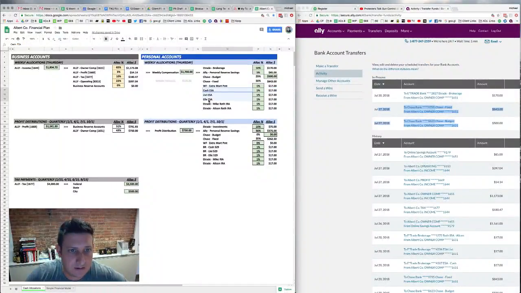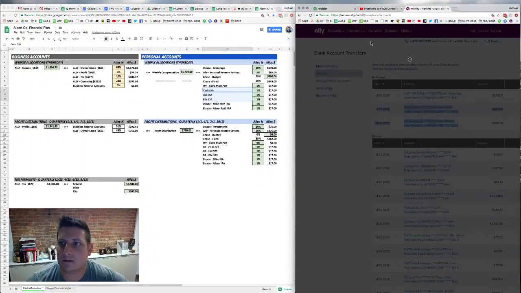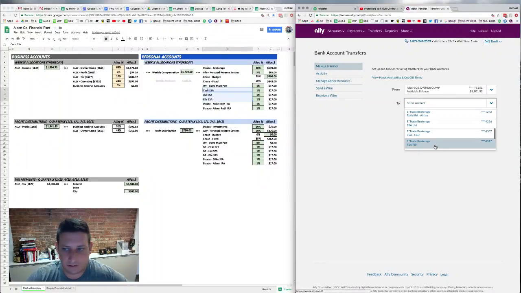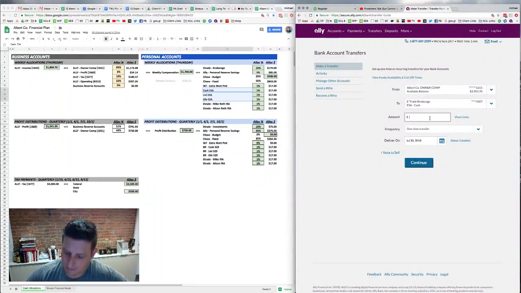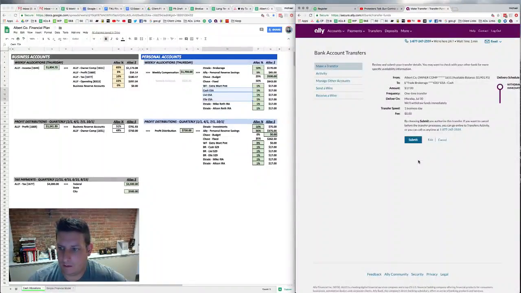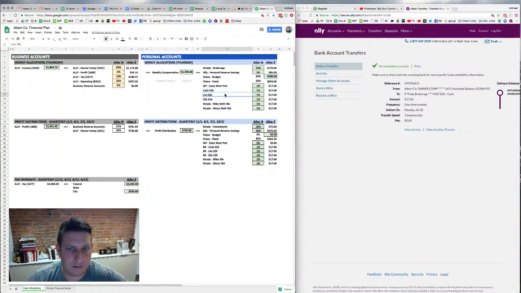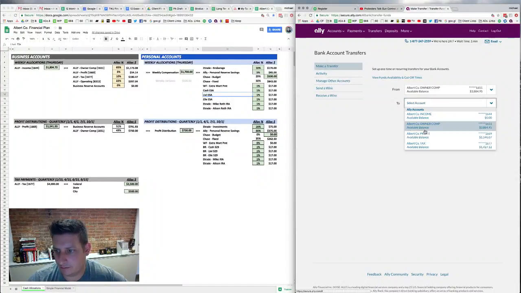Next, I'm going to do my kids' ESAs, so their education savings accounts. So I'm going to go from owner comp to, let's see, who's up first? Cash's ESA. Next is Livy's. So owner comp to ESA Livy.